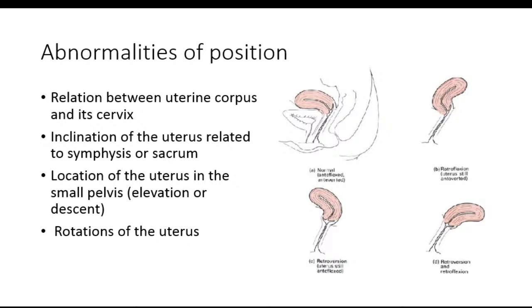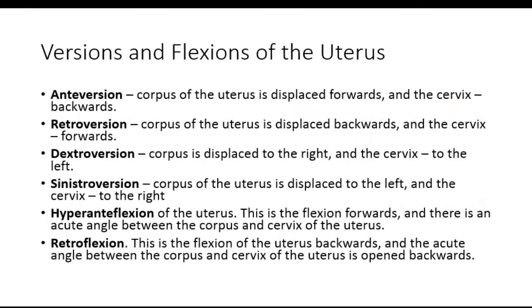Some inclinations of the uterus related to the symphysis or sacrum, location of the uterus in the small pelvis, elevation or descent, or sometimes, very rarely, rotations of the uterus around the axis.